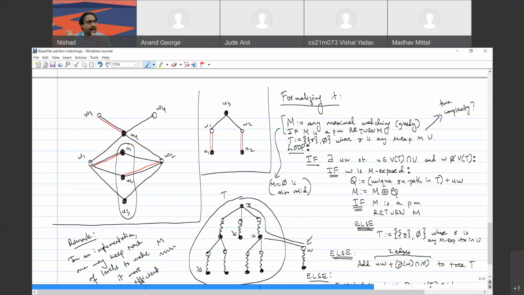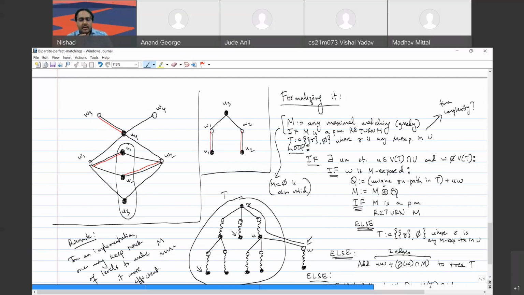If we find an M exposed vertex, we get an augmenting path and we increase the size of the matching. Otherwise, we include this vertex in our tree and we extend the tree. We make the tree bigger. And if we don't find any such vertex, then we just find a deficient set. All the U vertices in the tree comprise a deficient set.